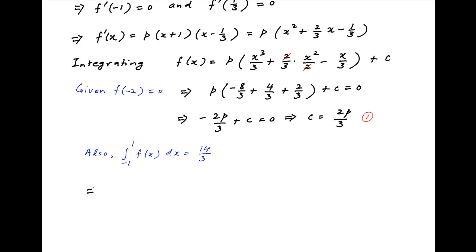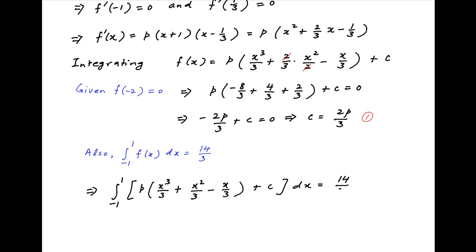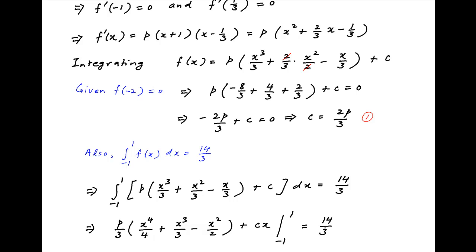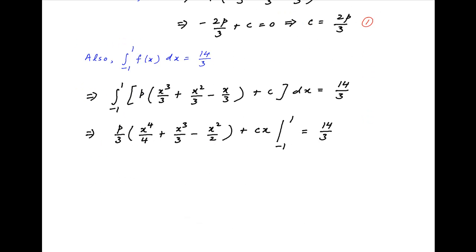Substituting the value of f(x) obtained earlier, this implies that the integral from -1 to 1 of p times (x³/3 + x²/3 - x/3) + c dx is equal to 14/3, which implies that p/3 times (x⁴/4 + x³/3 - x²/2) + cx, the limits of x are -1 and 1, is equal to 14/3.